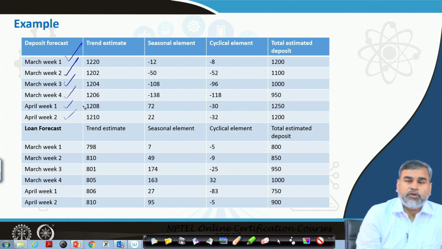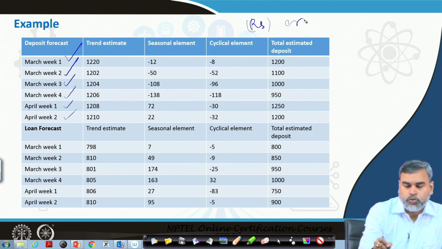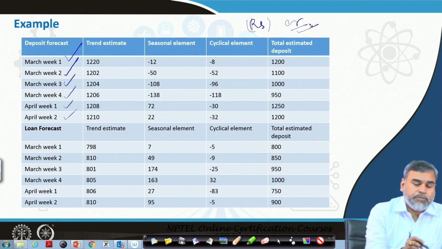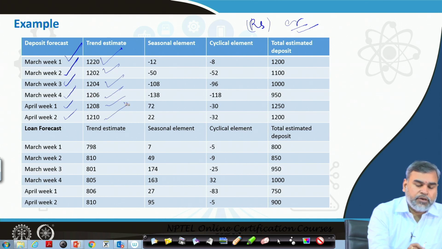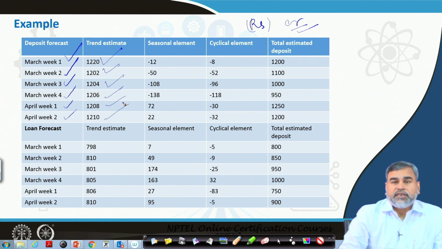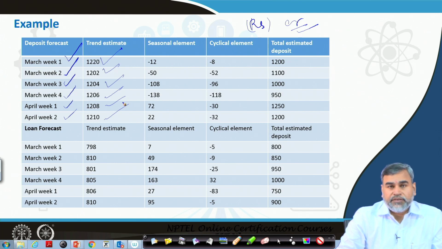From the trend calculations, let these be represented in rupees crore: the bank has a deposit of 1220 crore in March week 1, 1202 in week 2, 1204 in week 3, and so on, up to 1210. This is the forecasted figure we got from the trend analysis.